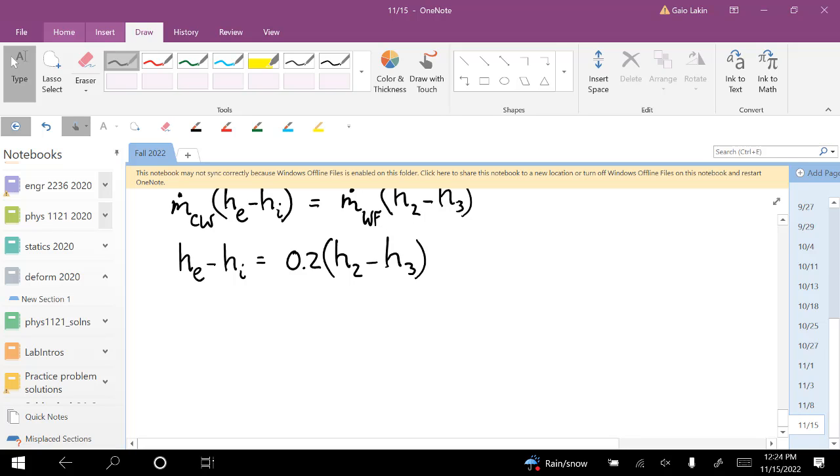Okay, so H2, what's the state of the liquid at state 2? Wait, no, it's not saturated, it's mixed phase. It's mixed, yep. So state 2, we have quality of 0.6 and a pressure of 0.2 bar.